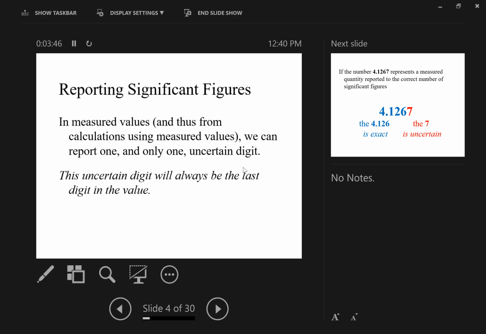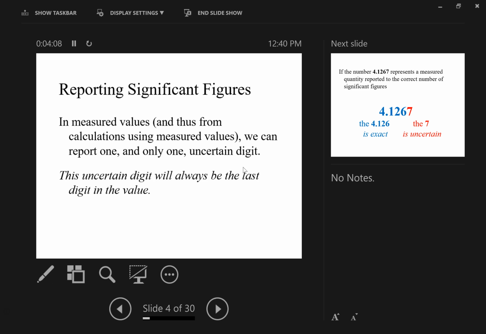You'd be like, all right, Mrs. Snipes, what kind of measuring device are you using? So just to give you an idea why we do this.